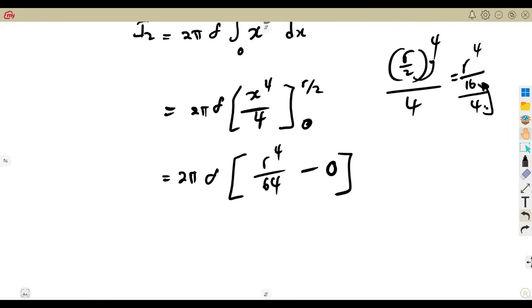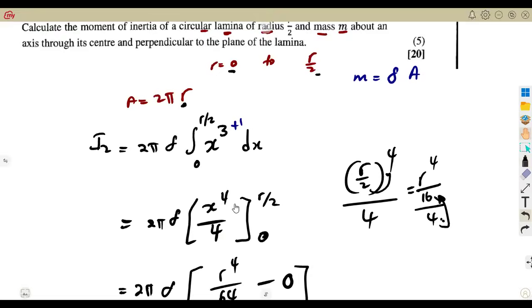So this is it, guys. You've integrated and substituted your limit in terms of the radius. So this can be written as r to the 4 over 64, in terms of the area density, which you can also substitute back in terms of the mass.